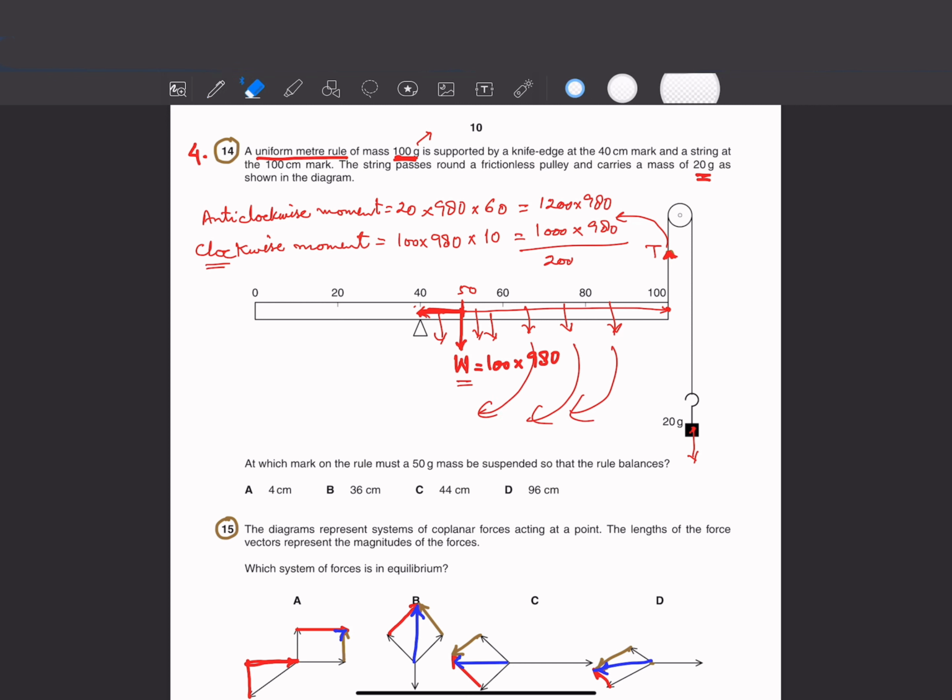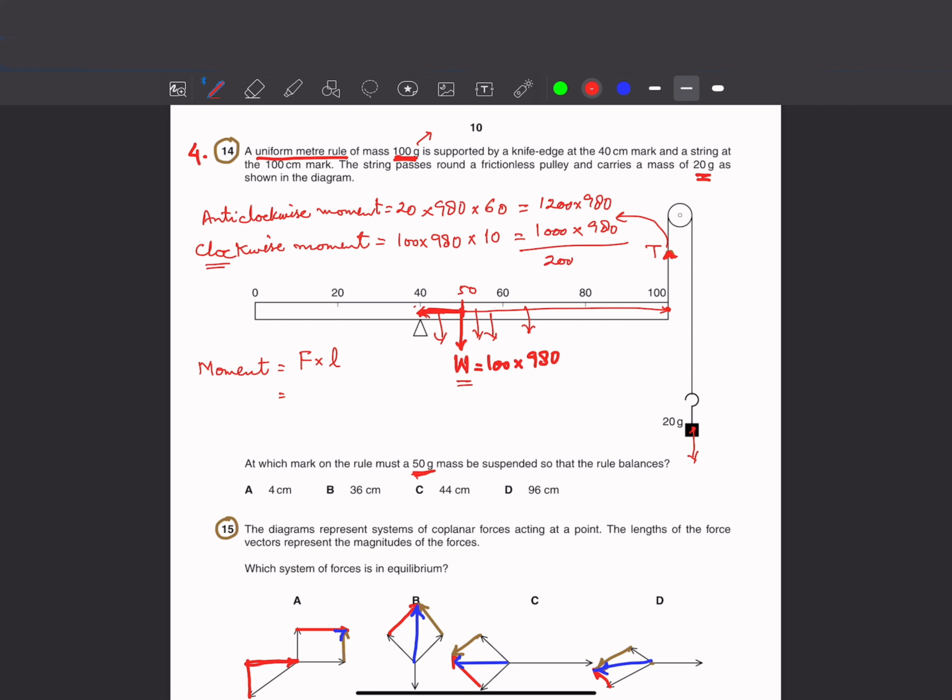So we have to find out where the weight of 50 gram should be so the ruler will be balanced. The simple thing is that, as you know, the moment is nothing but force into length, the perpendicular distance.